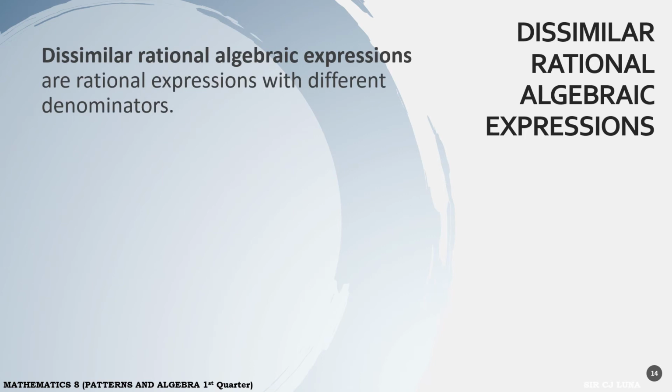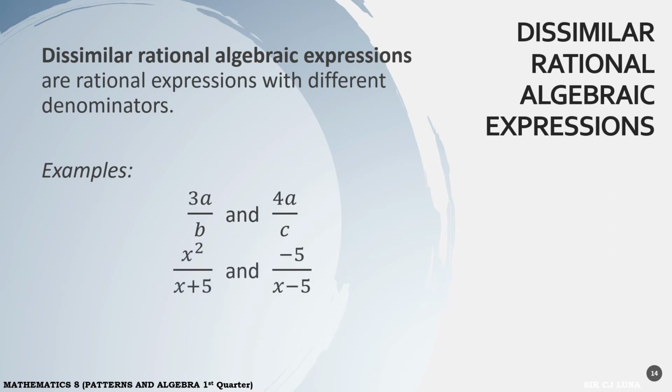The dissimilar rational algebraic expressions are rational expressions with different denominators. For example, 3a over b and 4a over c. So they are dissimilar rational expressions because they have different denominators.